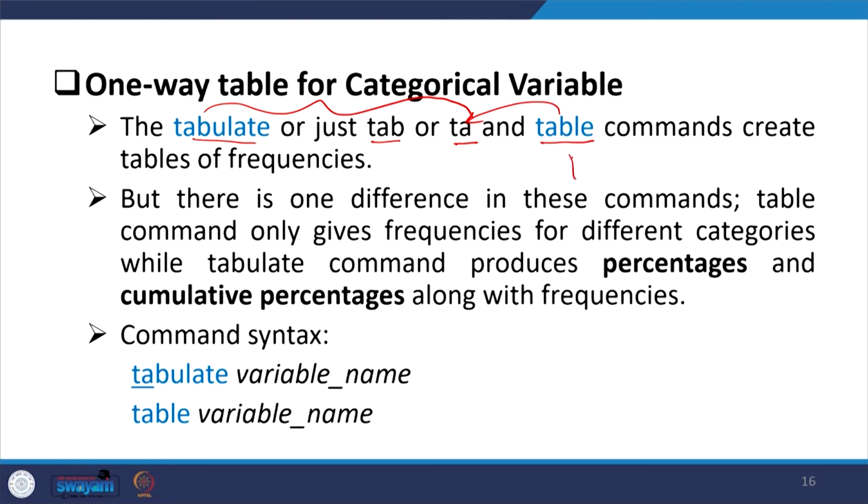The table command only gives frequencies for different categories, whereas tabulate gives percentages and cumulative percentages as well, along with the frequencies. We will experiment, we will show you both on the screen.